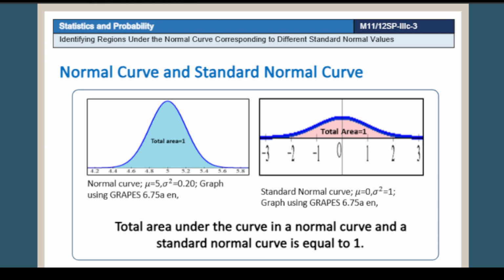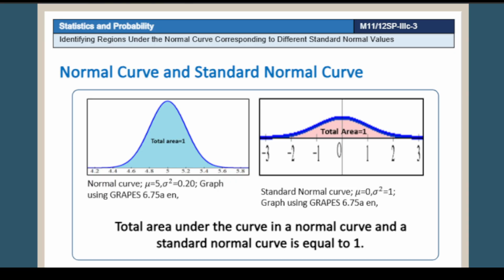Now look at this one, the normal curve and the standard normal curve. As you can see, the normal curve is also bell shaped. But what's the difference between the two? As you can see how it is drawn, one is bumpier and the other is a bit flatter. The mean, mu, is equal to 5 while the standard deviation is 0.2. This is how it looks on the graph on the left side.